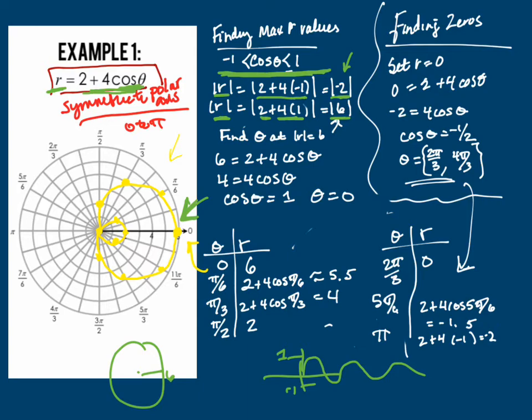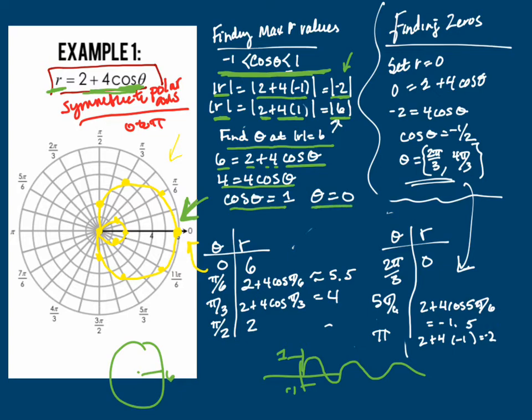Now we want to know what angle that happens at. So we substitute 6 in for r, and say 6 equals 2 plus 4 cosine theta, and we solve for cosine theta. This time we're finding what angle gives us 6, and then we'll know where it is on the graph. Simplifying, 4 equals 4 cosine theta, so cosine theta equals 1. And where does cosine theta equal 1?